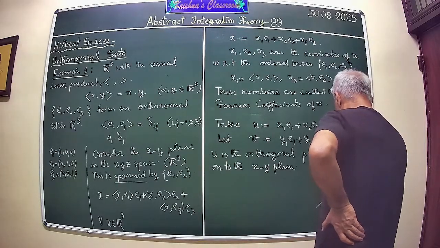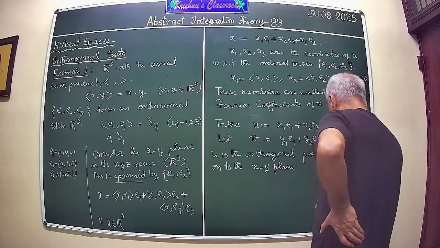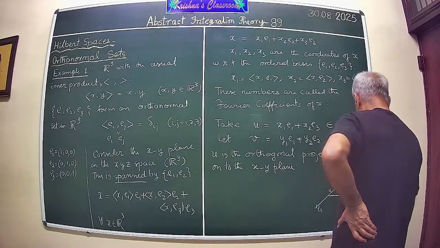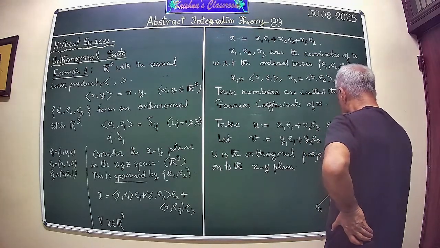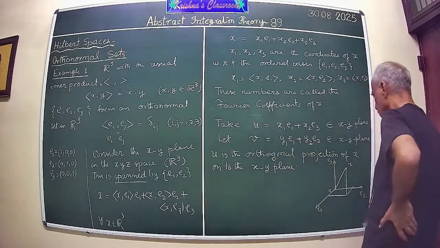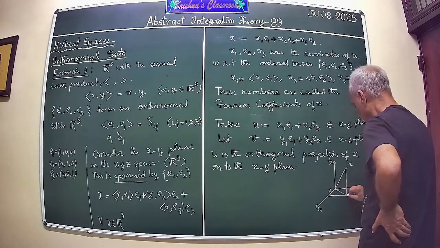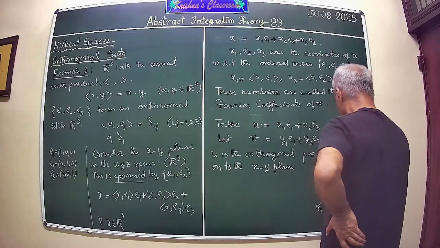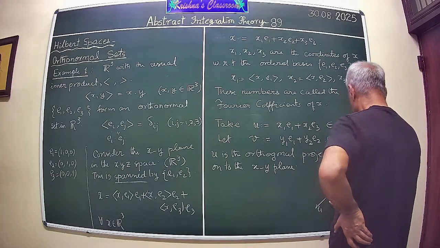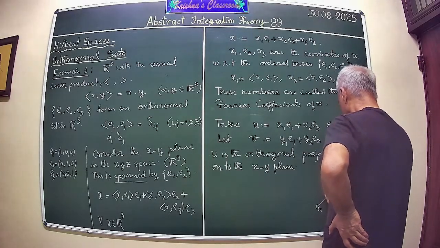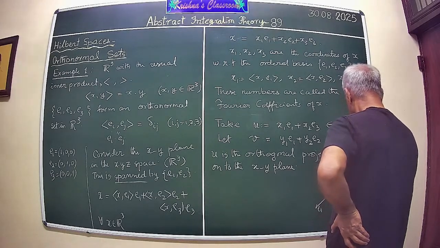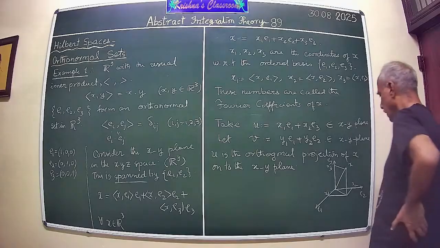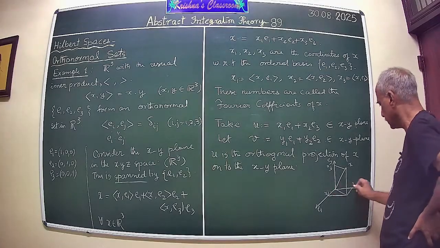So this is x1, this is e1, x1, x2, x3 are points on this.